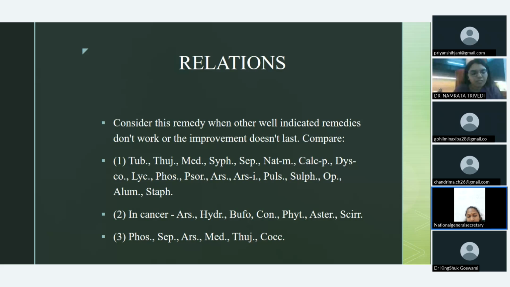They are asking, is family history necessary for carcinosin? That was their question, ma'am.